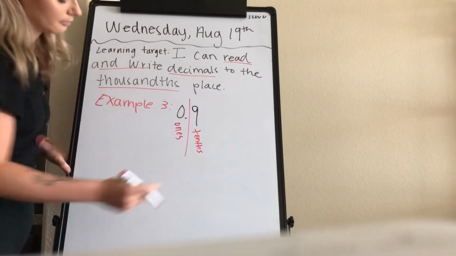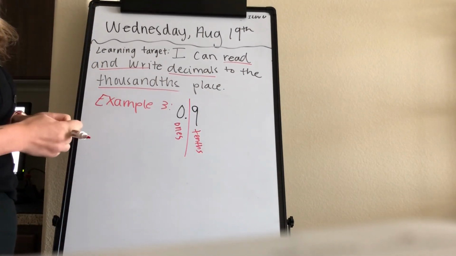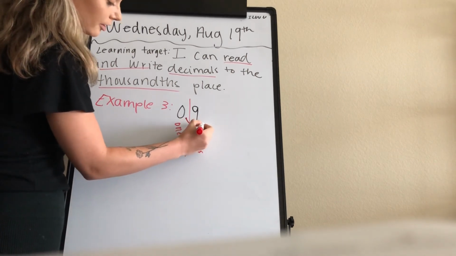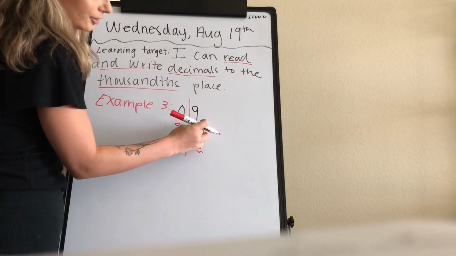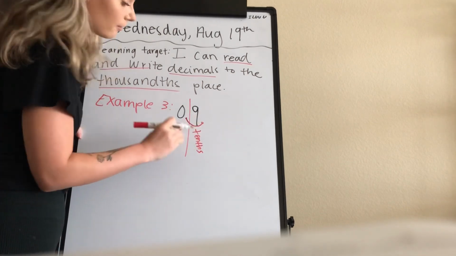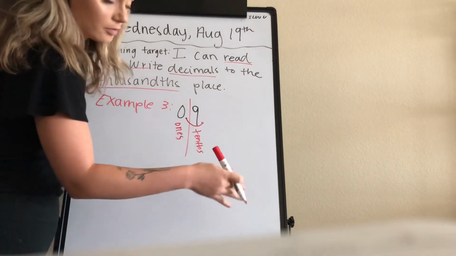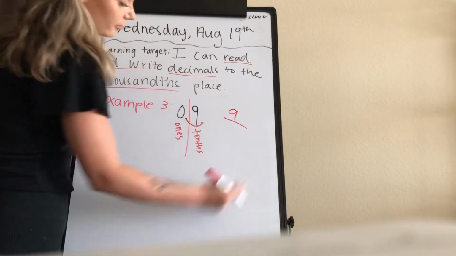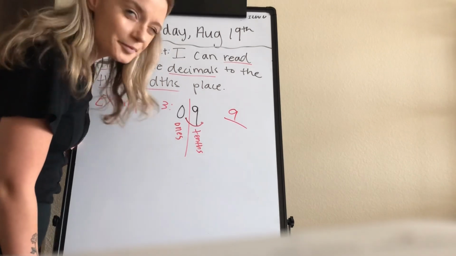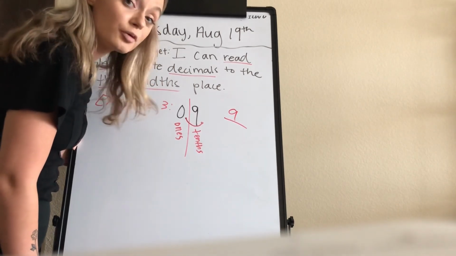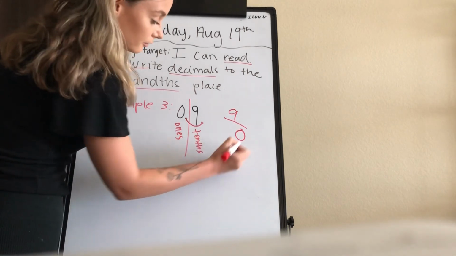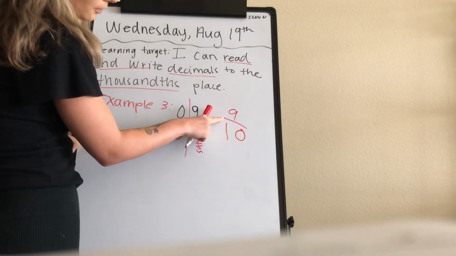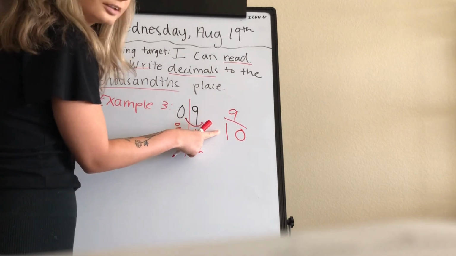Let's divide it out. Okay, let's move our decimal one place over, because that's all we have. Do you guys see how we don't move it over more? We don't have more numbers on our right-hand side to move it out. We move it over one place, so now we have 9 over, how many times did we move it over? We moved it over one time, so that's just a 0, and then add your 1. So 0.9 is equal to 9 over 10 in a fraction.